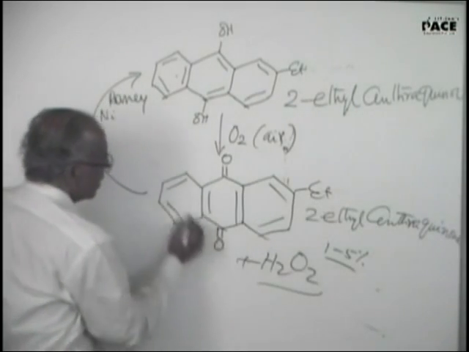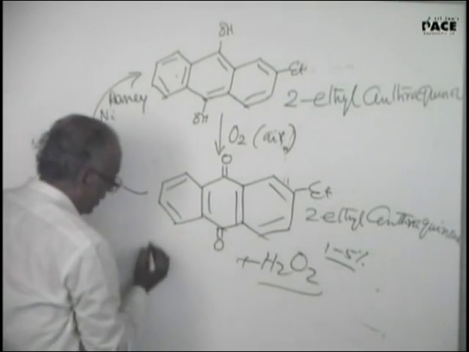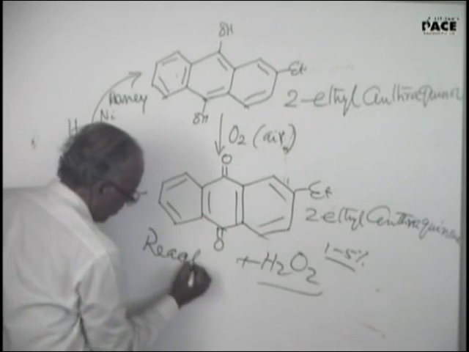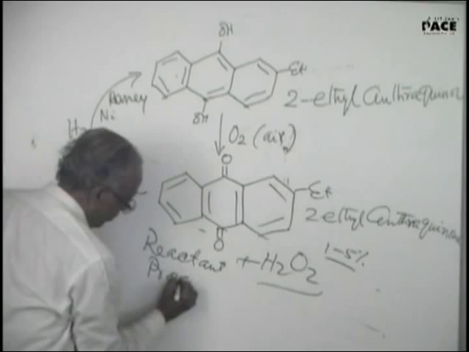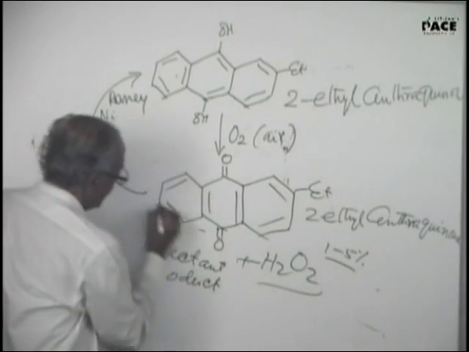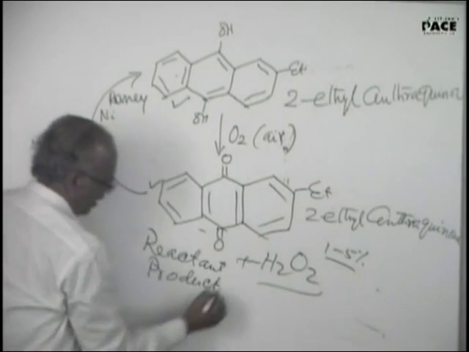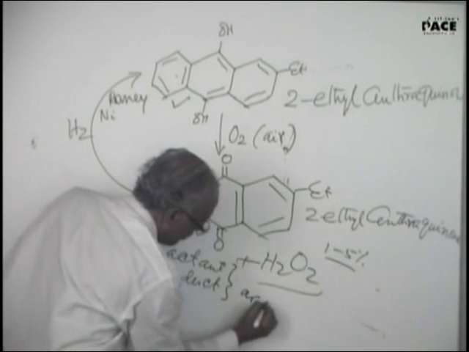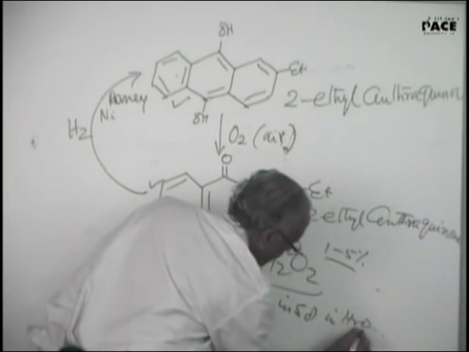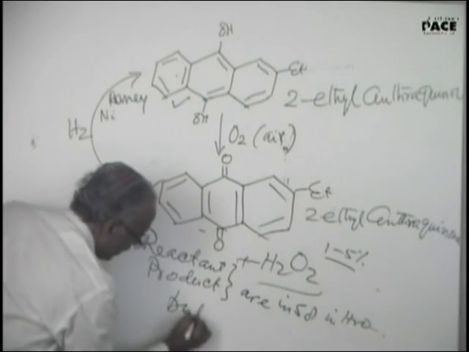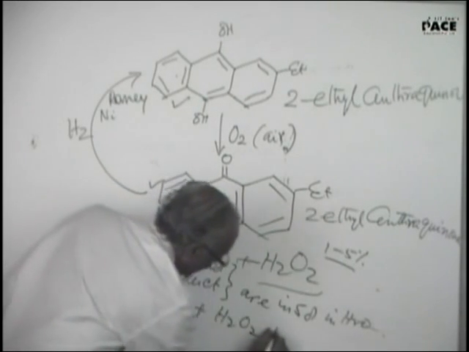And this is the reactant and the product. This and this, they are insoluble in water. But hydrogen peroxide is soluble in water.